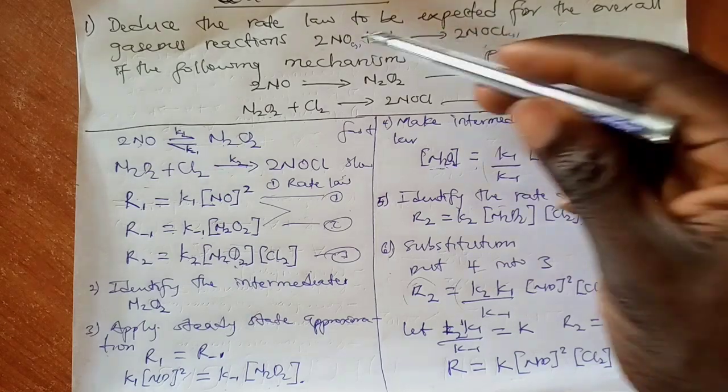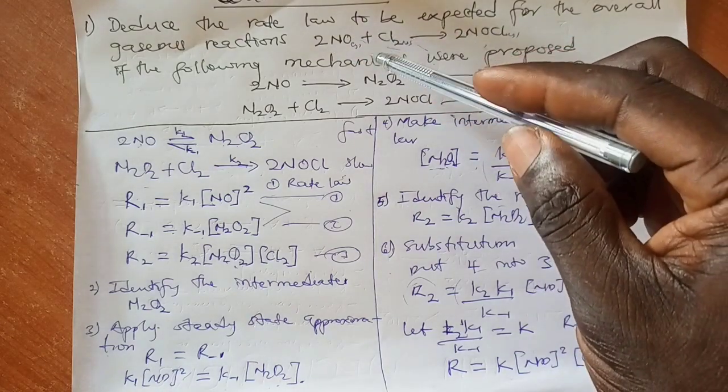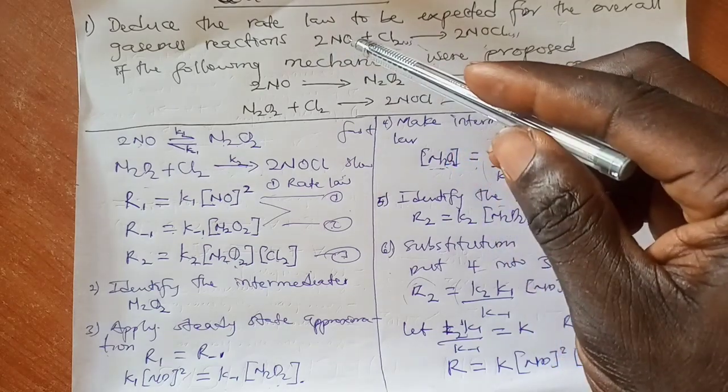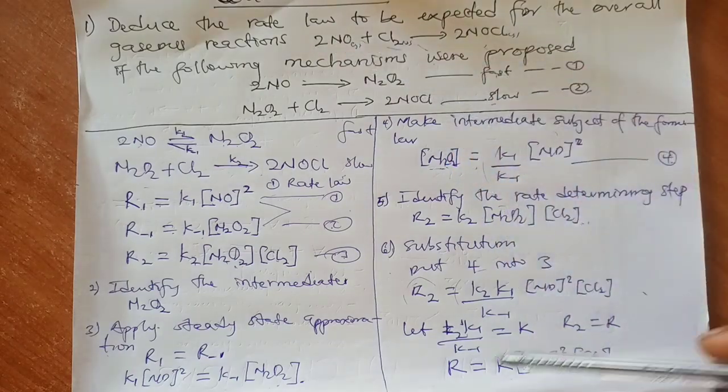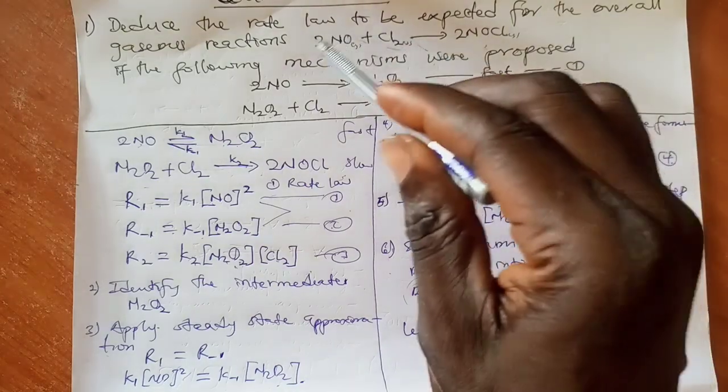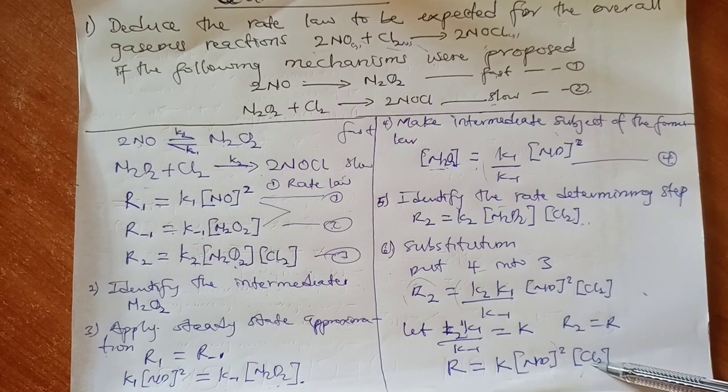Normally, if you are going to write rate law for this, how would you have written it? It is to say R is equal to rate constant, concentration of NO raised to the power of 2, then concentration of Cl2, which matches. Now, sometimes the overall reaction, or the net reaction, will not be given to you.